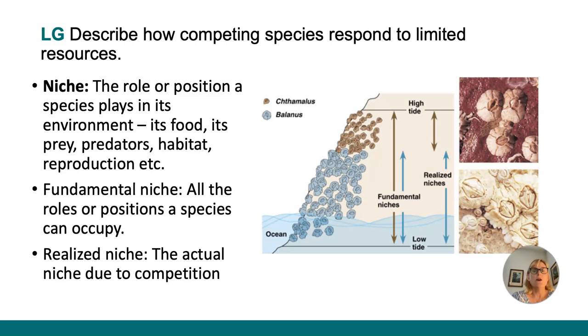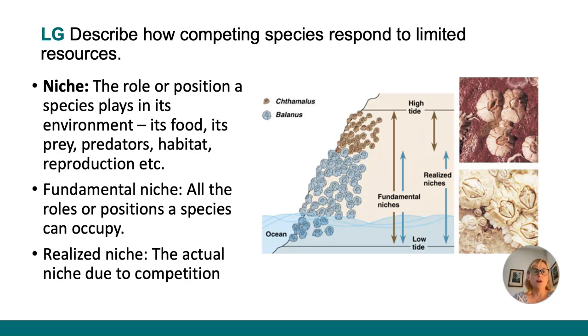Each species can live in a high variety of temperature, or water salinity, or a range of climates or habitats, but they usually don't occupy all of everything they can. All of the roles or positions a species can occupy is called a fundamental niche, but because of competition we have a realized niche.